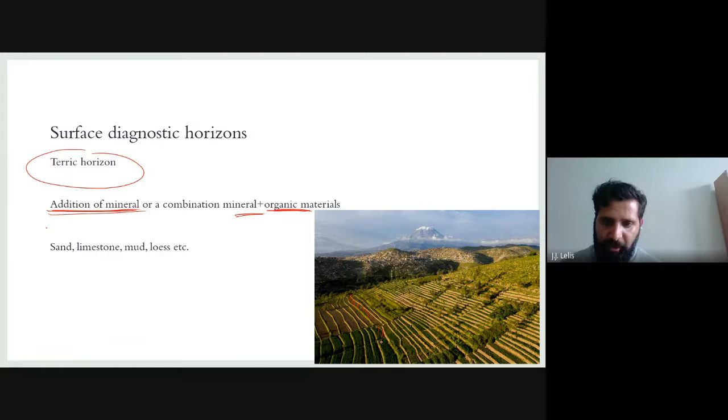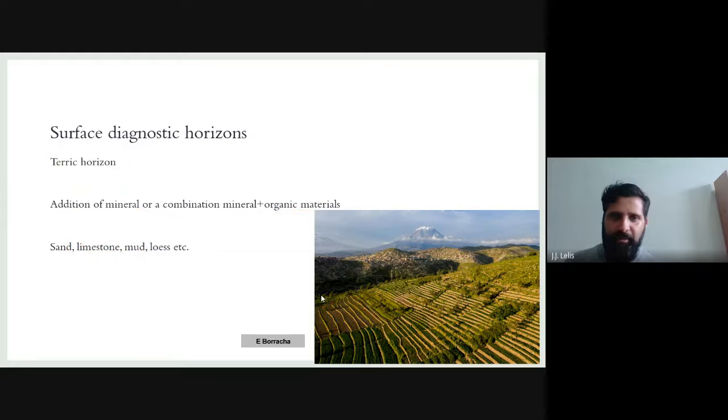It's also very common in South America, especially in the Andean terrains. So the mixing of sand, limestone, mud, loess, and other materials, organic and mineral or just mineral materials, produces this little flat surface, and so forms the terric horizons.